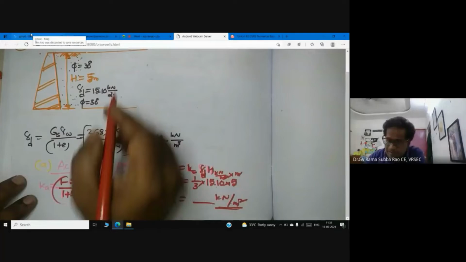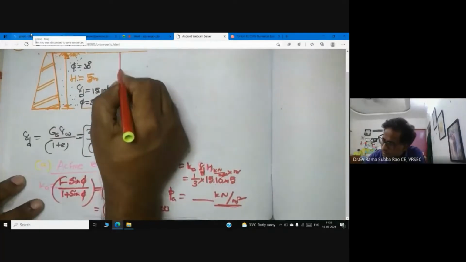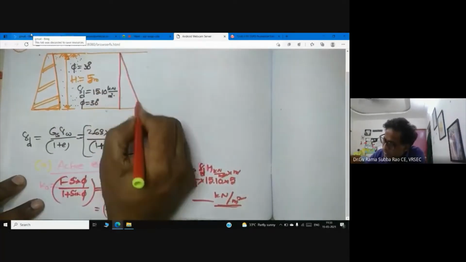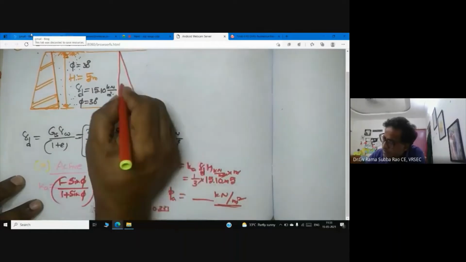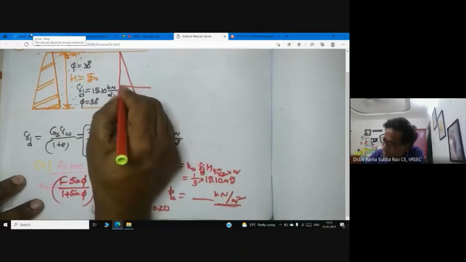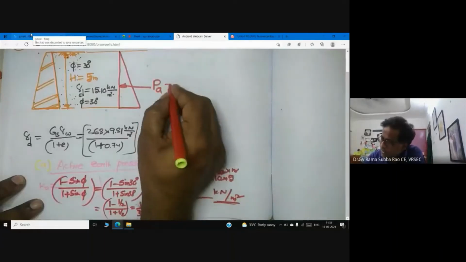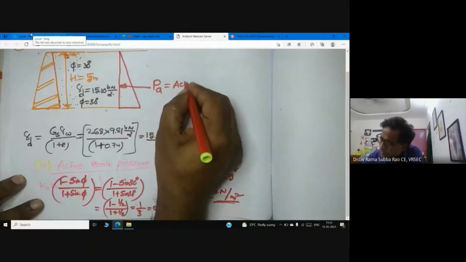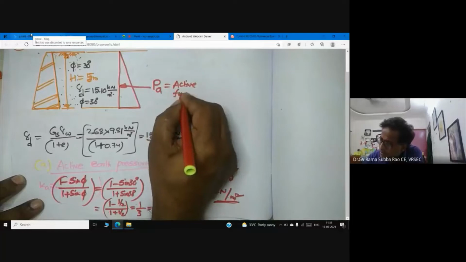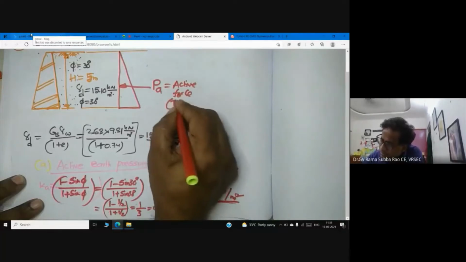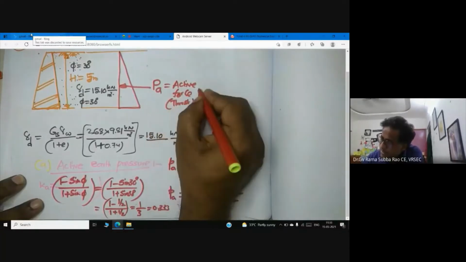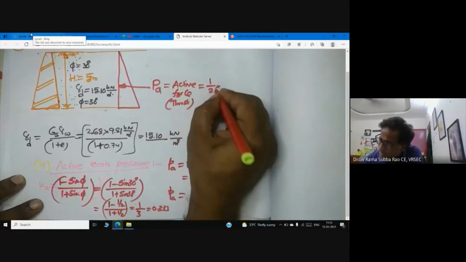Next, let me draw the figure now: the active earth pressure distribution diagram. What is Pa? Active force. Force is also called thrust. So Pa is equal to half base into height.